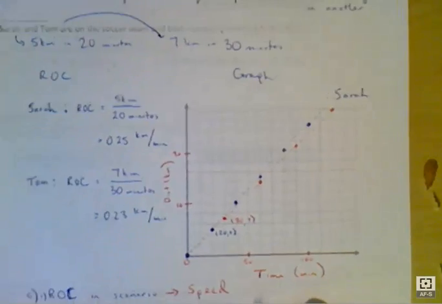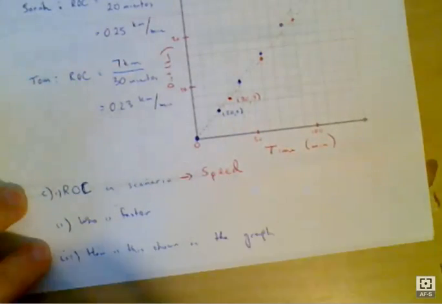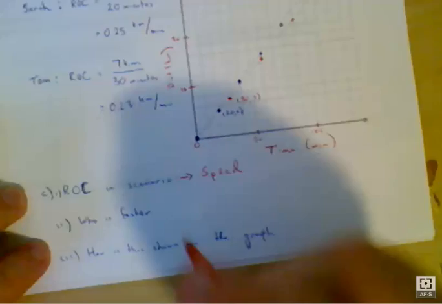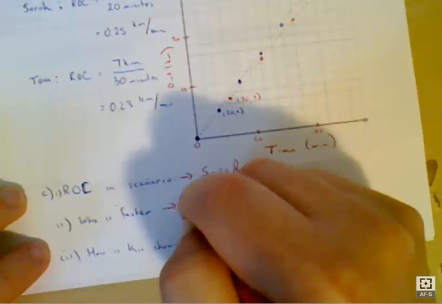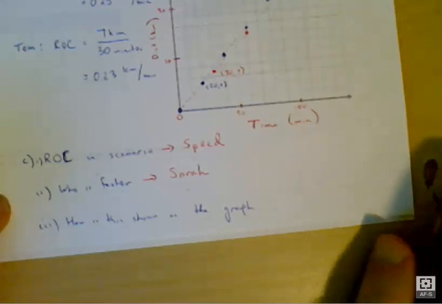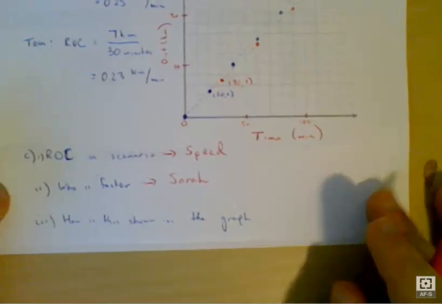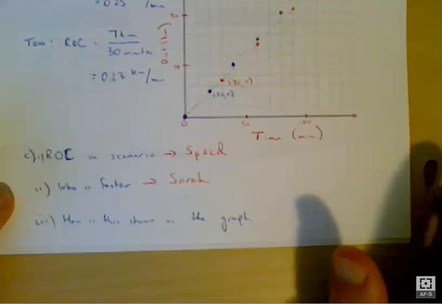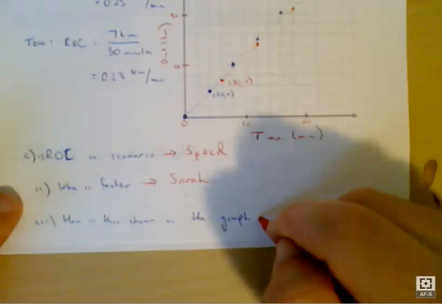Who is faster in this scenario? Well, by finding that rate of change, we saw that Sarah travels faster than Tom. And here's the big thing. How is this shown on the graph?